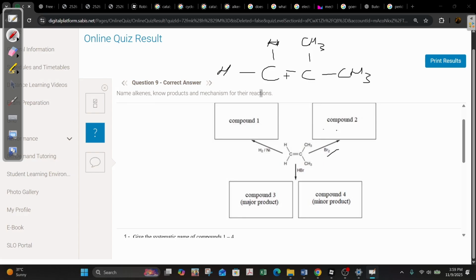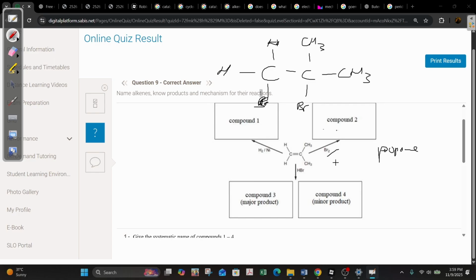for reacting with bromine, this is the question we did before. The double bond attacks the bromine molecule, and each bromine attaches to each side. And as a result, you'll get a propane molecule.